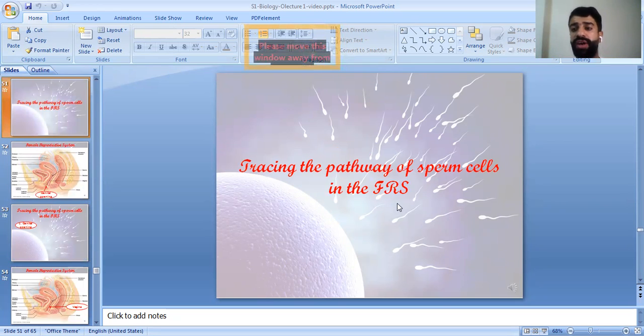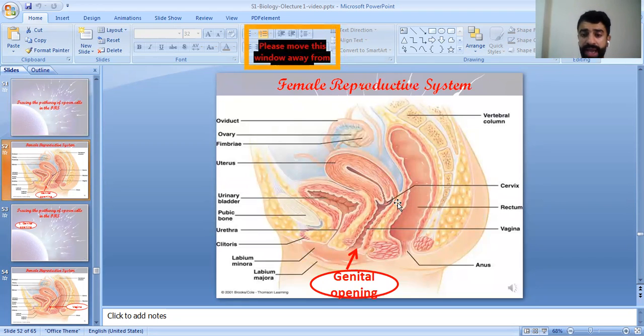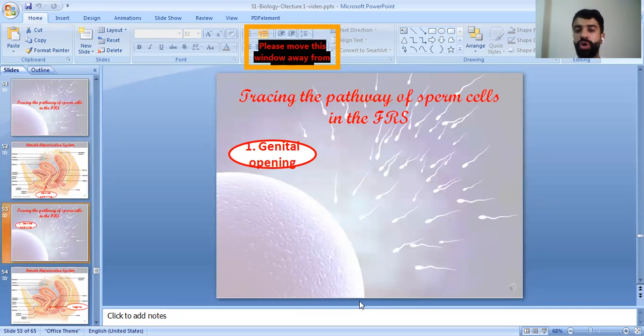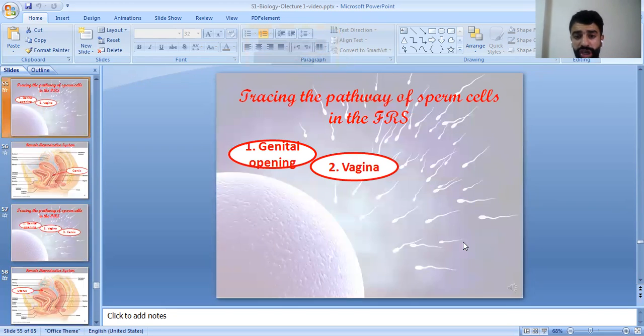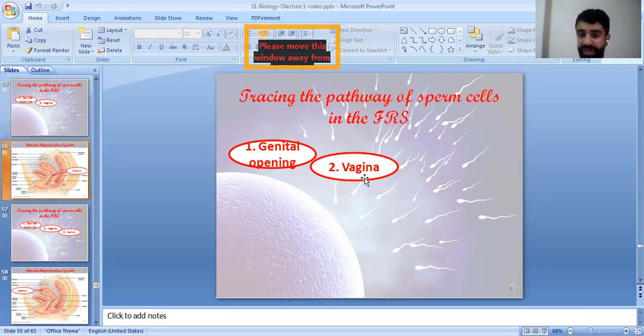So, tracing the pathway of the sperm cell inside the female reproductive system. First, it has to enter through the genital opening. The genital opening is the opening of the female reproductive system, which is called the vagina, or in Arabic المهبل.